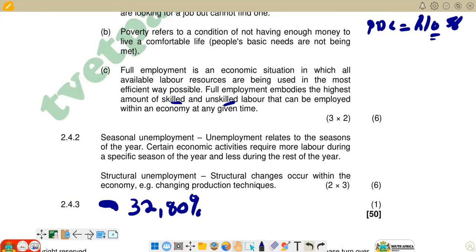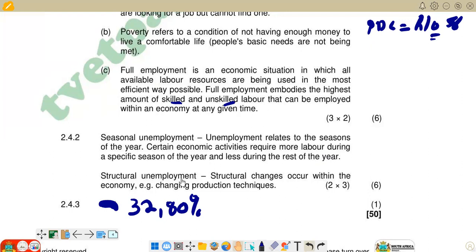But when the harvesting season is over, these people are laid off, and then they go for a period unemployed. That period that they go unemployed, we say they are under seasonal unemployment. The explanation says seasonal unemployment relates to the seasons of the year. Certain economic activities require more labor during a specific season of the year and less during the rest of the year. So that's seasonal unemployment.